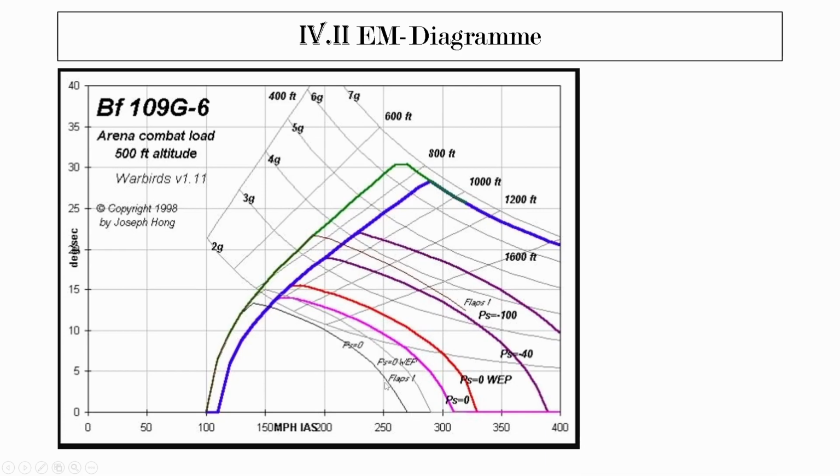I guess by now you understood how to read this diagram, and you can see there is a global maximum of turn rate somewhere here, about 27 maybe degrees per second, and that would be our corner speed. In this case, about 6.5 Gs, maybe 6.8.